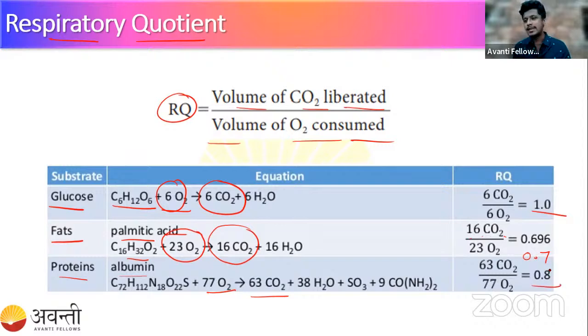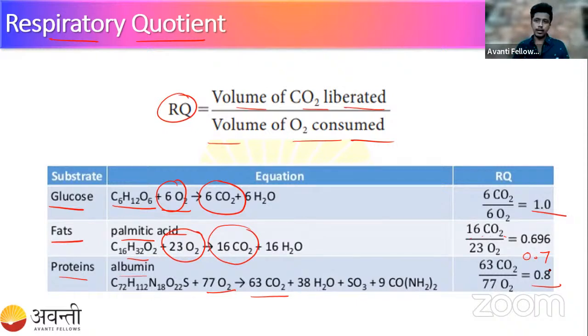It is 0.8. That is why when you eat protein, you get a little bit energized. When you take carbohydrates, it is very quick energy and your body burns it very efficiently and energizes very soon. Whereas proteins give you energy and also build muscles, a little bit higher compared to that of your fats. Fats have a very low respiratory quotient.